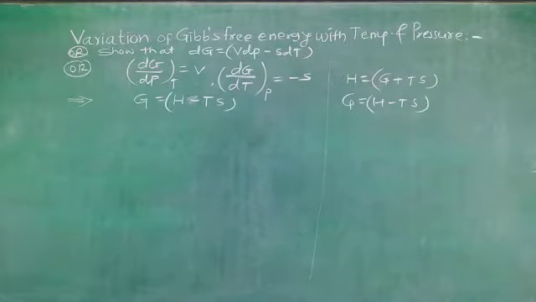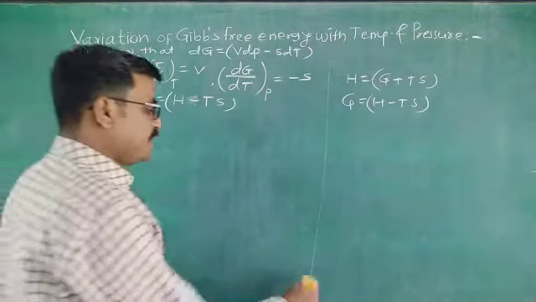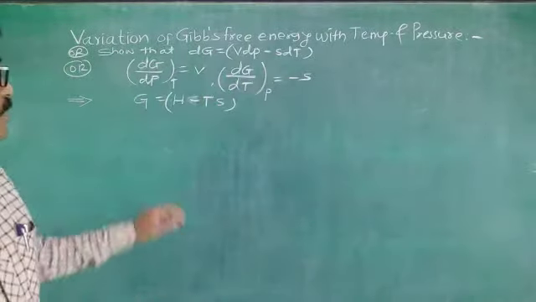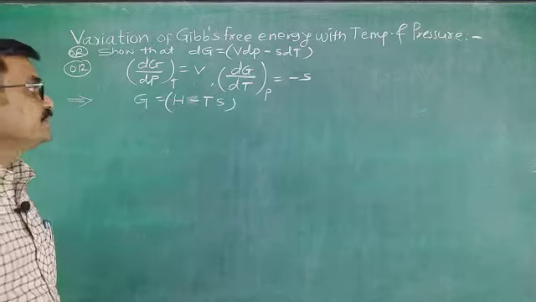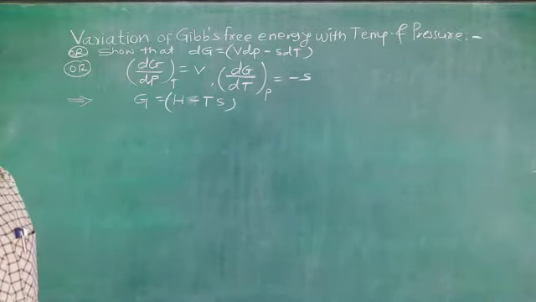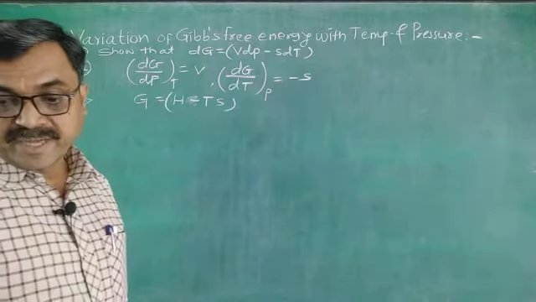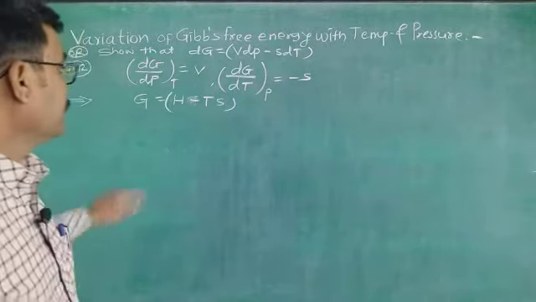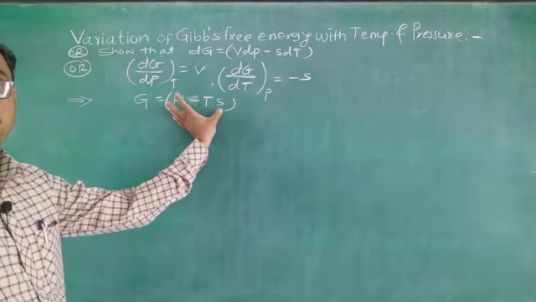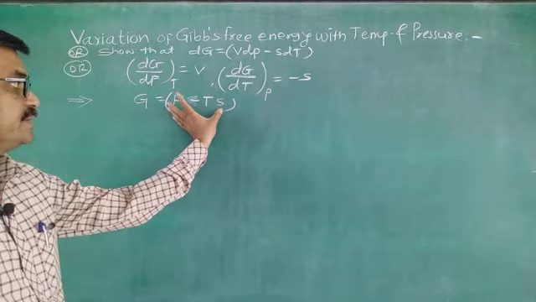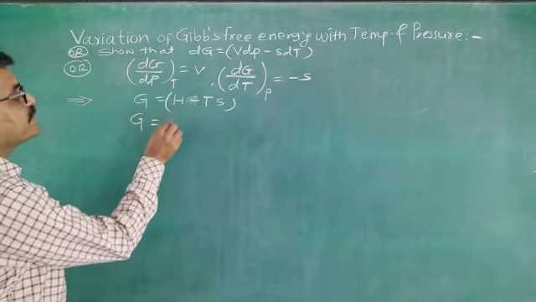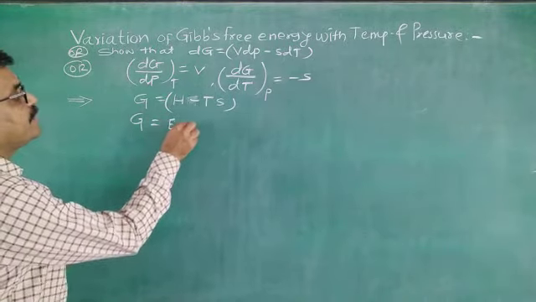Now from G equals H minus TS, if we differentiate this equation on both sides, dG is equal to the differentiation of the right-hand side. But H is nothing but E plus PV.